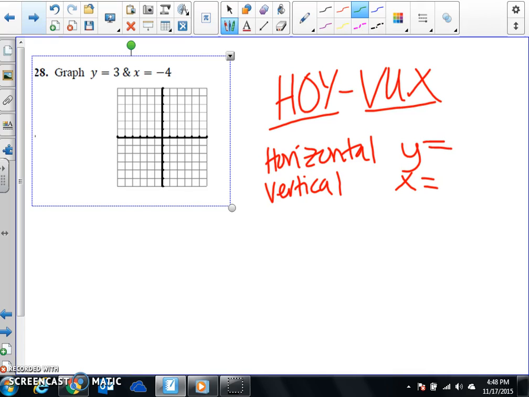So for y equals 3, I go to the y-axis and I go to a positive 3. So hoi, h is horizontal, so I know it's a horizontal line. For x equals -4, I go to the x-axis, 1, 2, 3, to -4. Vux, v is vertical, so it's a vertical line. Those are important. Make sure you know those.